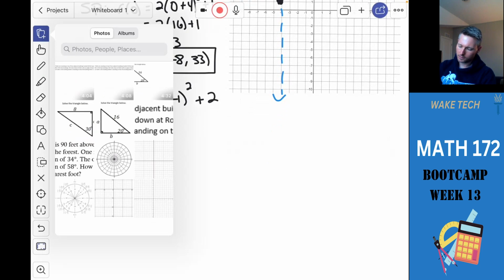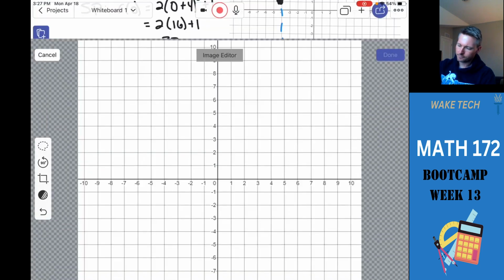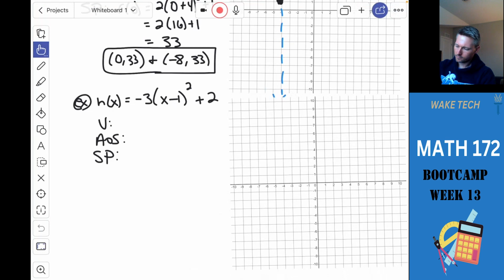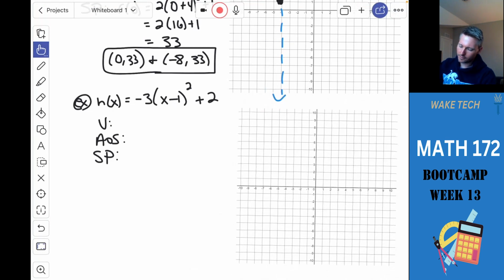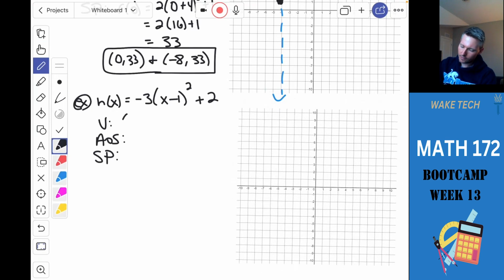So let's try this one. All right, the vertex, it's at 1, 2. That's h, k. The axis of symmetry is a vertical line passing through the vertex. In this case, that's x equals 1.